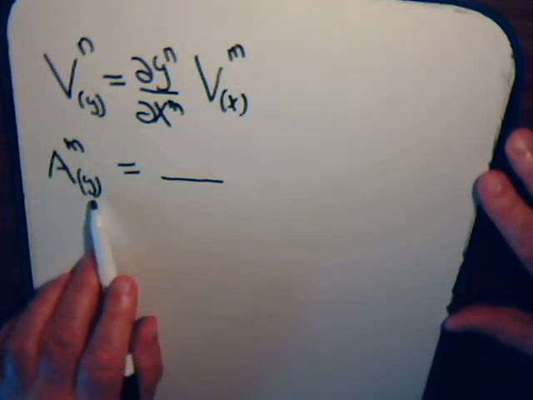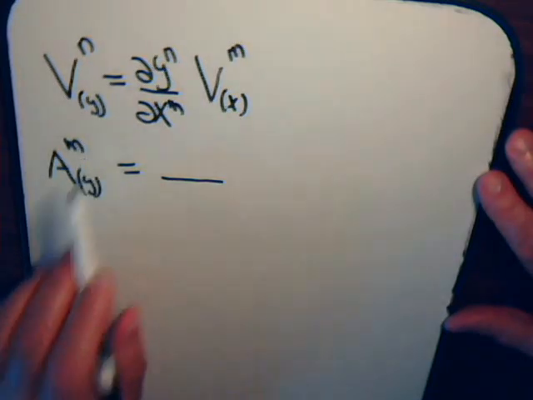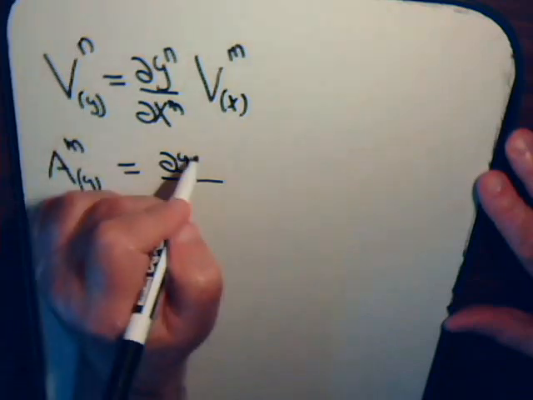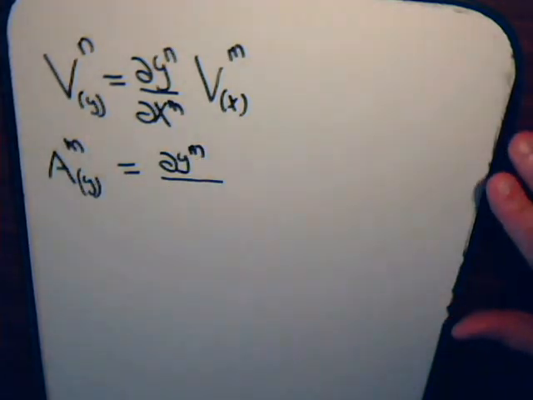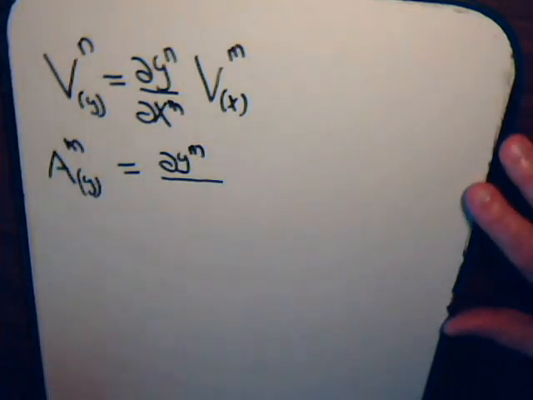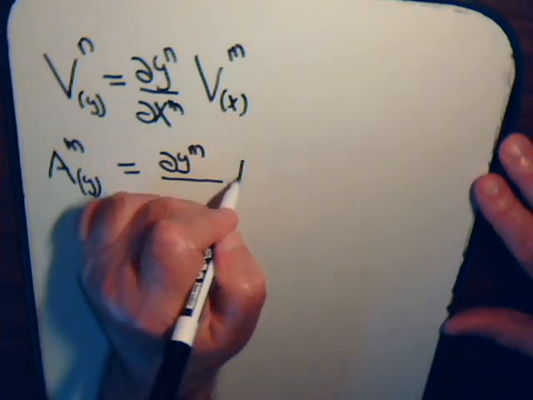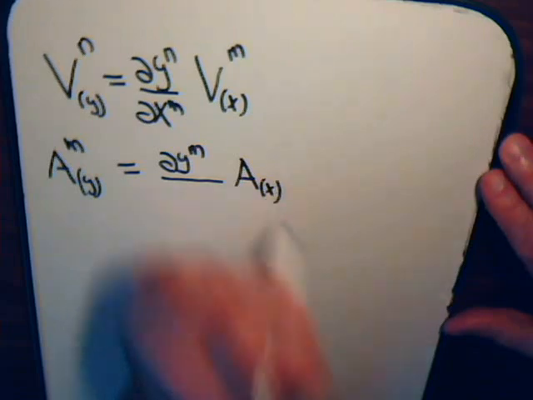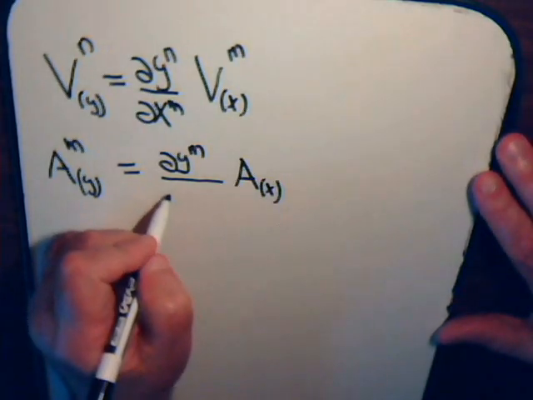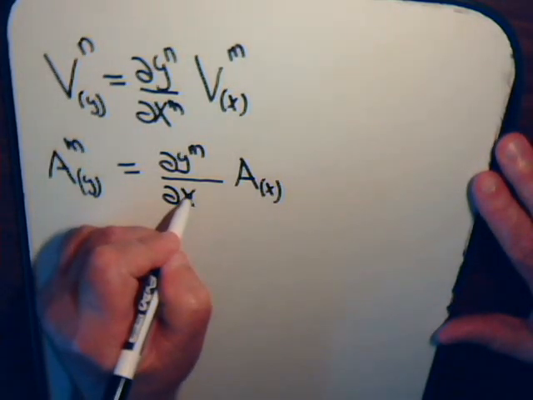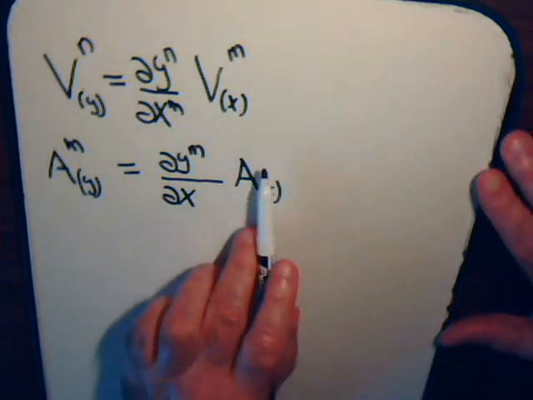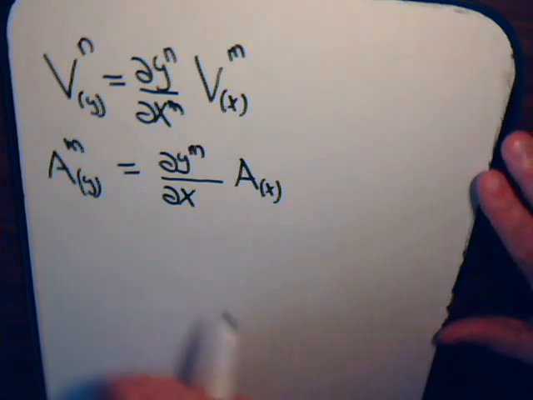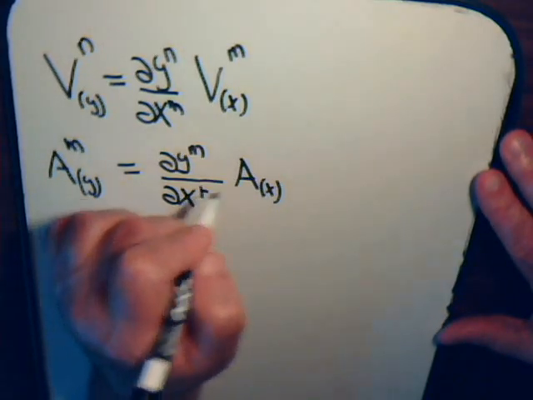Okay, it's in the y frame, this is upstairs, so the partial of y has to be upstairs with the m component, and then we have it in the x frame like this. The partial of x is going to be down here, and now we're going to have our repeated index. We can call it r if we want.